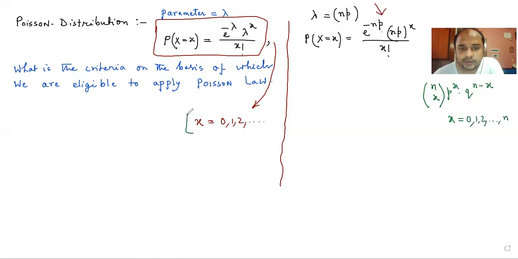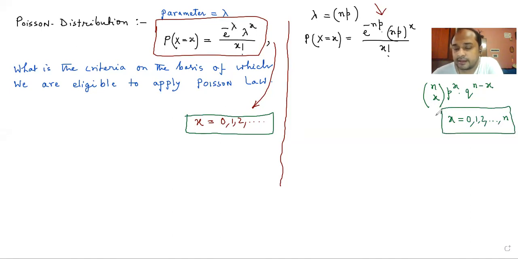What is the difference between these two? This is the important part that you shouldn't neglect. Immediately we can say that the binomial values are finite: x can take values from 0 up to the total number of experiments. Here, the possibilities of x are infinite and there is no upper bound.